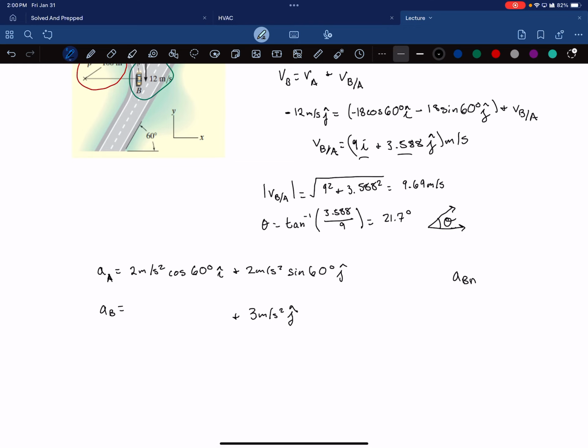A, B in the normal direction is going to be VB squared over rho. So the velocity of B is 12 meters per second, and then square that over 100 meters, our radius of curvature.